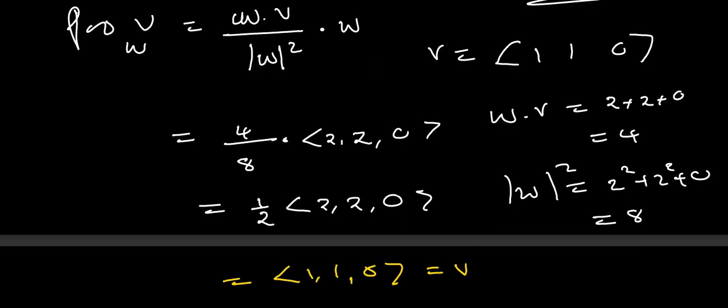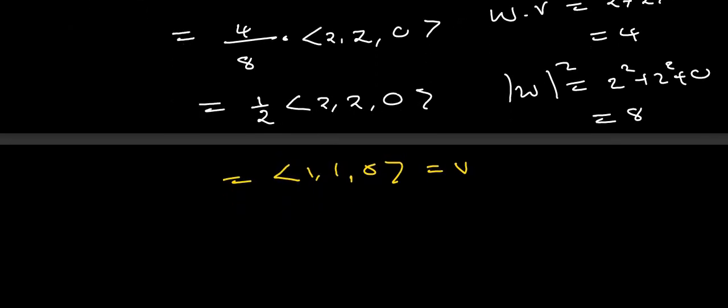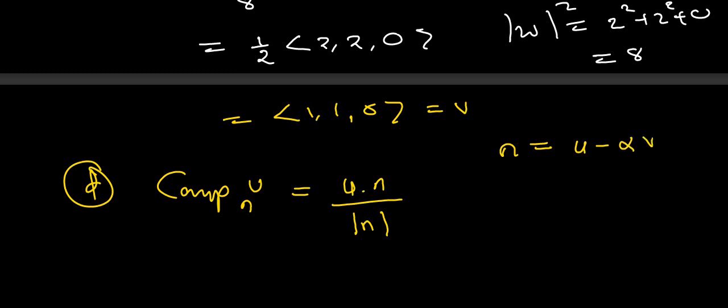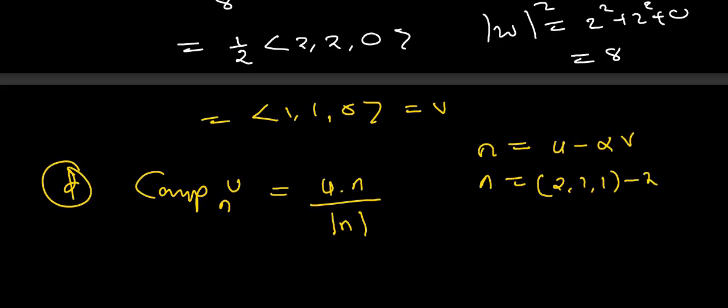Then the next one, they want the component of U towards N. The formula for the component is the dot product of the two given vectors, U and N, over the modulus of the vector we are going onto, that's N. And remember, N was given as U minus alpha V. So to get our vector N, U is 2, 1, 1, minus alpha times V, which is 2, 2, 0.